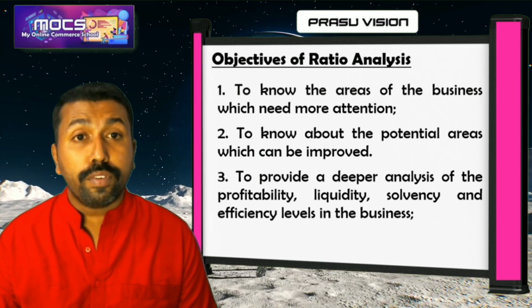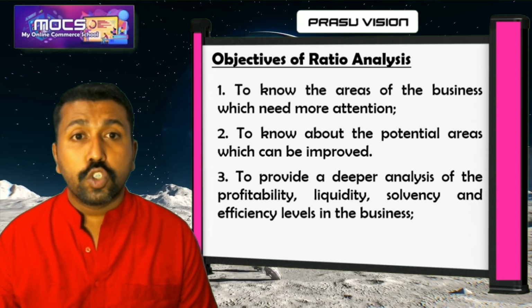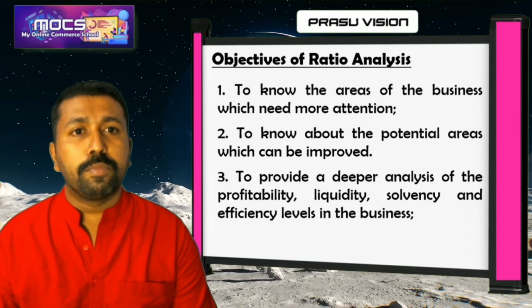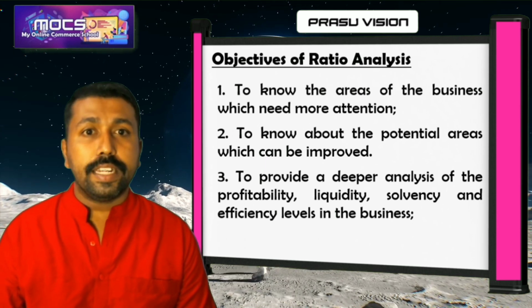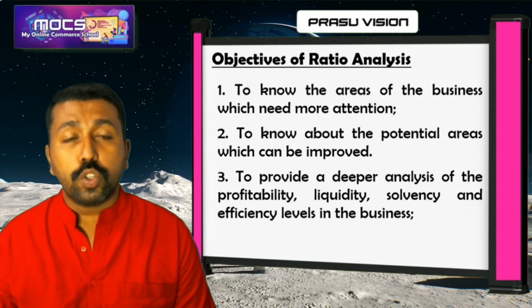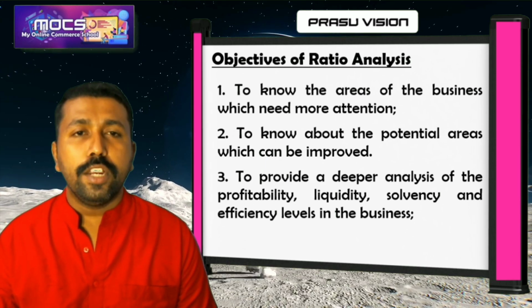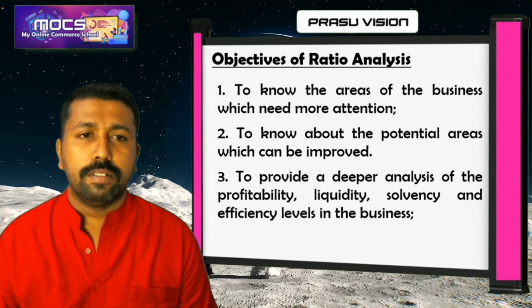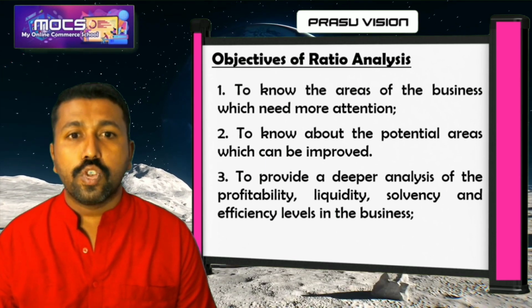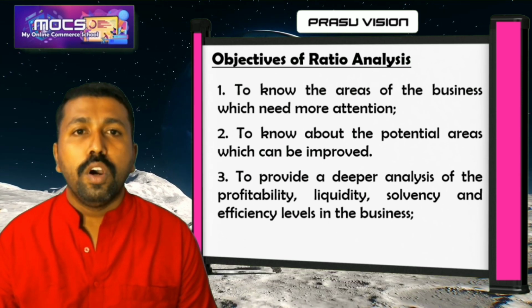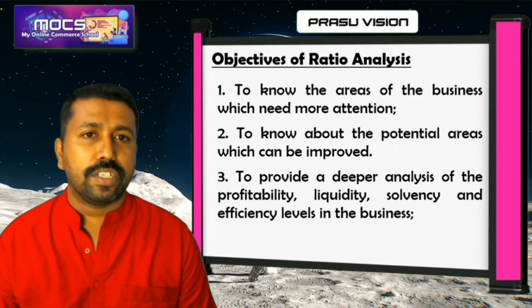Actually, the use of ratio helps to conduct a detailed, in-depth analysis of all the items, weak areas of the organization. So, through ratio analysis, we can identify the weak points where we have to give more attention. And it helps to know about the potential areas which can be improved through further managerial decisions.